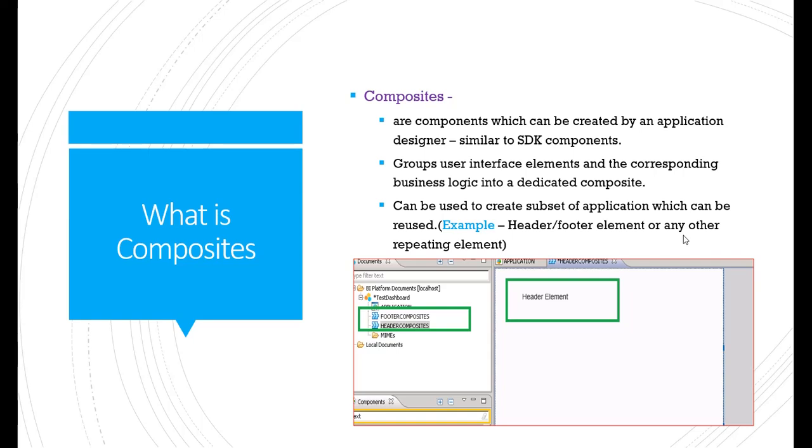These can be built as one composite, like a header-footer composite, and then used in many of the analysis applications for the same customer. This is how it can be reused.